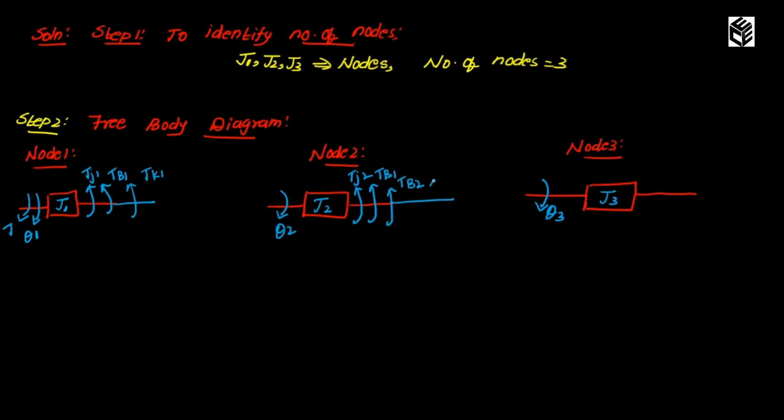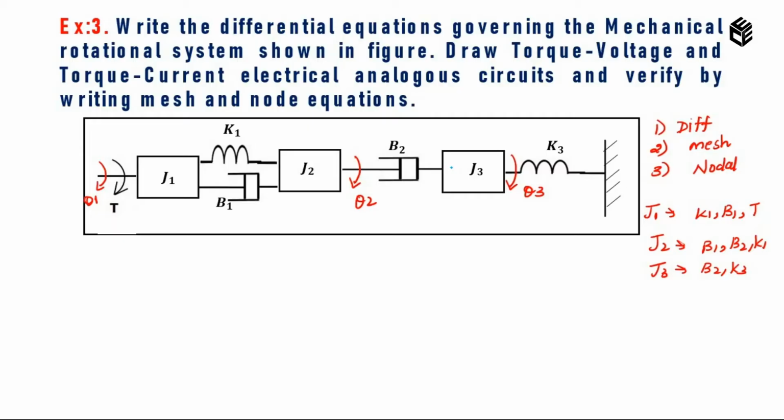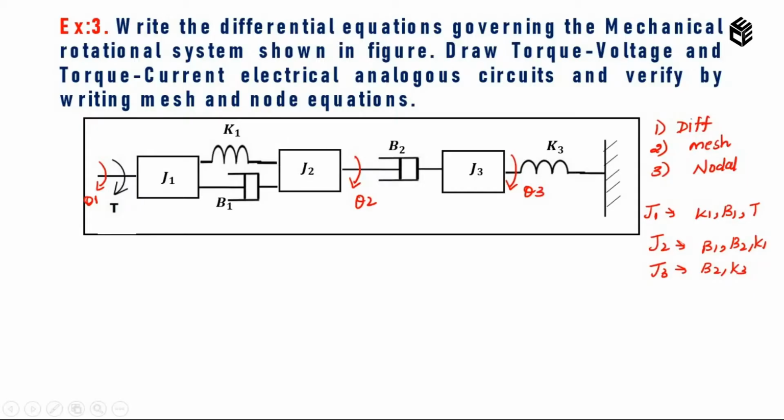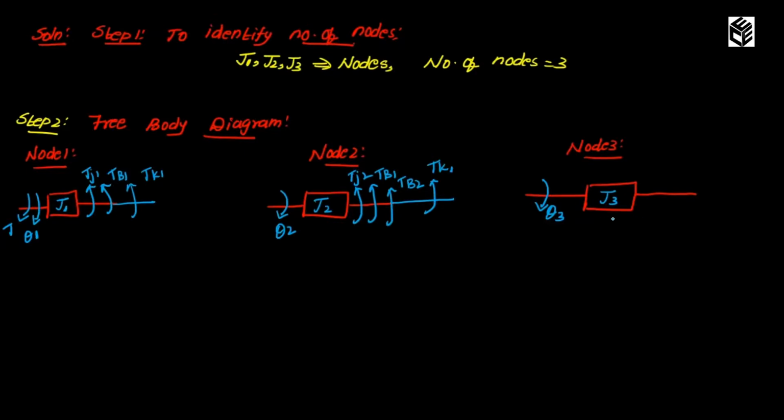One more element is TK1. And what about node 3? We have B2 and K3. So here it is TJ3, TB2 and TK3.